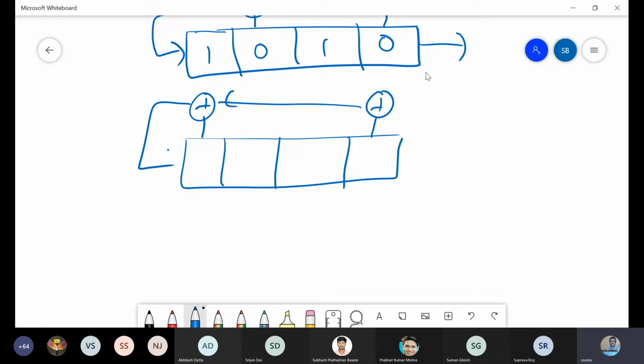What about this? Or is this one possibility? Yes. Sir, because here when we are shifting by 1, the last bit would be lost.